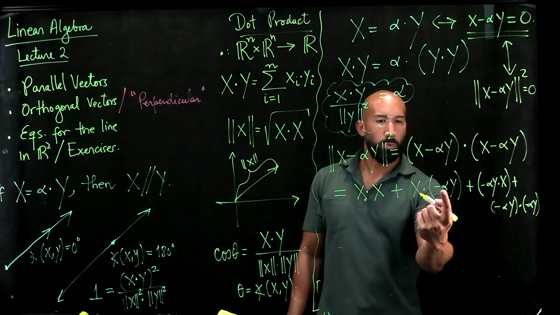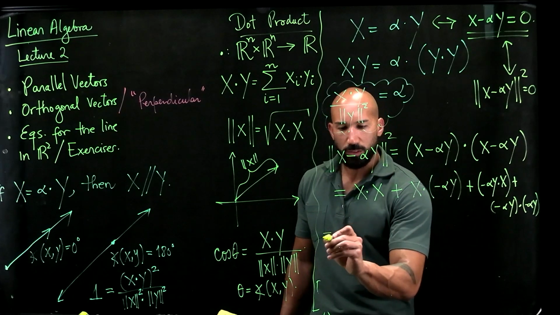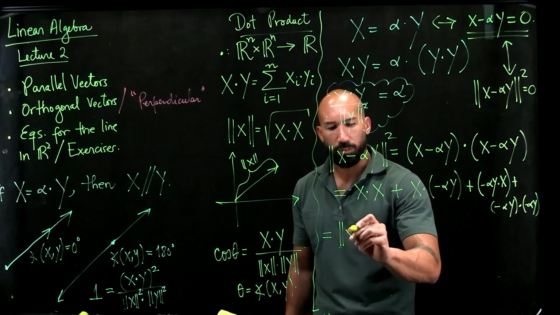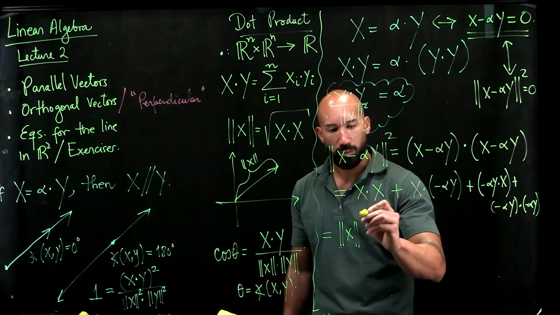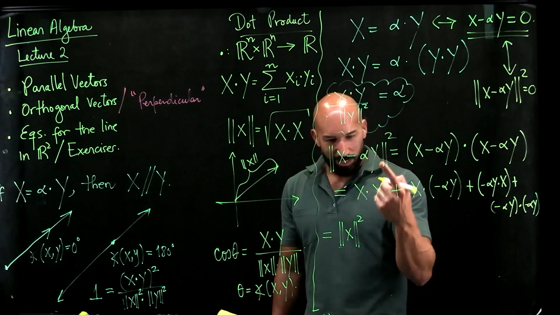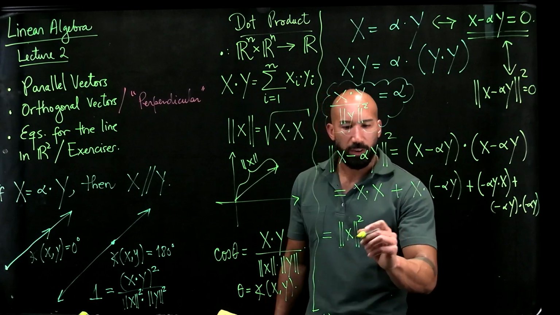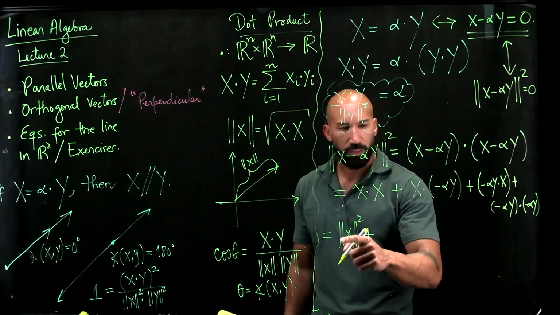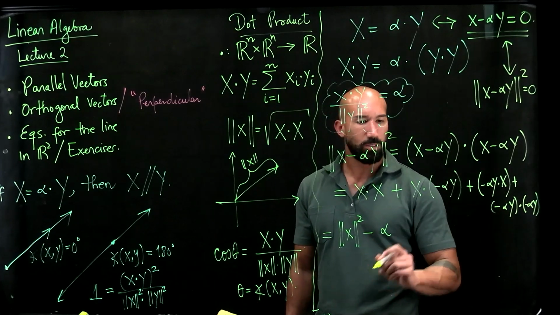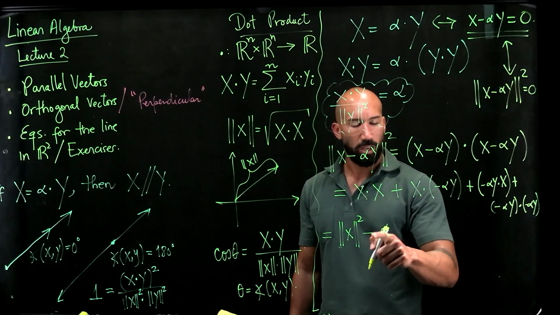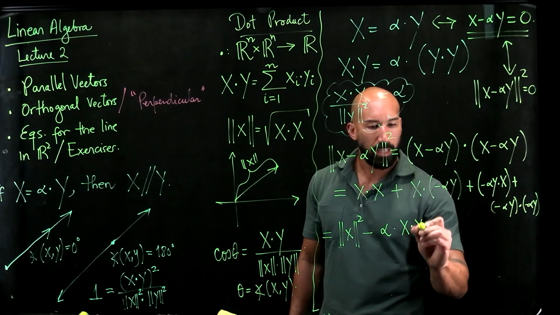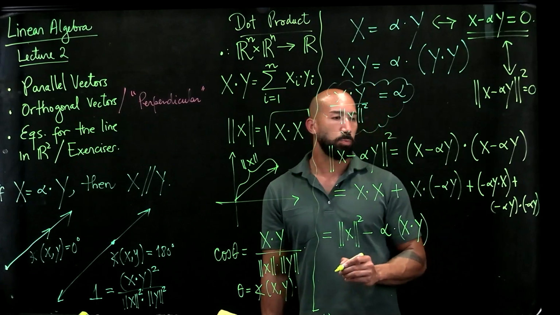Okay, but we know that we can take the scalars out and that x dot product x is the square of the magnitude of x. I will take this minus alpha out, and this becomes minus alpha that multiplies x dot product y.